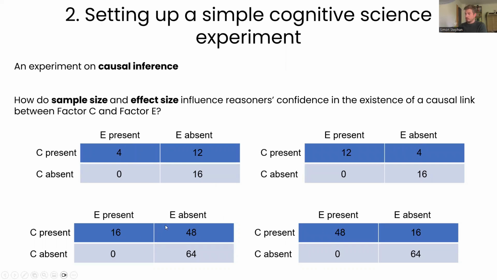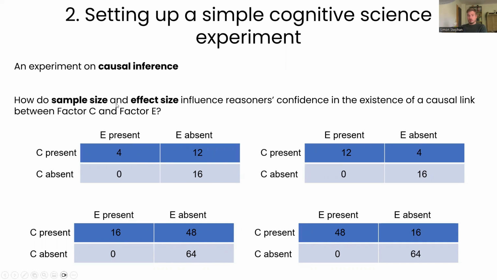In the high sample size condition we have just seen, we made these observations summarized in these contingency tables here in the second row. And as you can see from the numbers, this was a large sample size condition in comparison to this one here. All right.